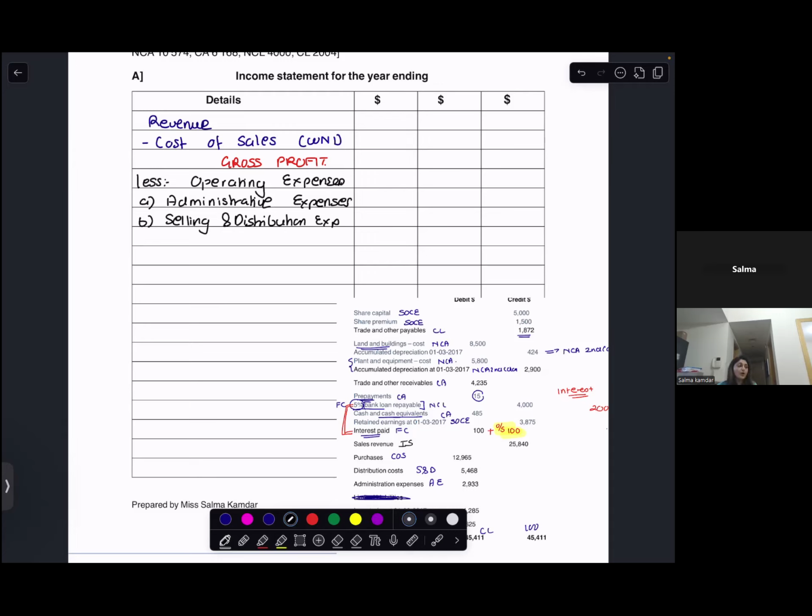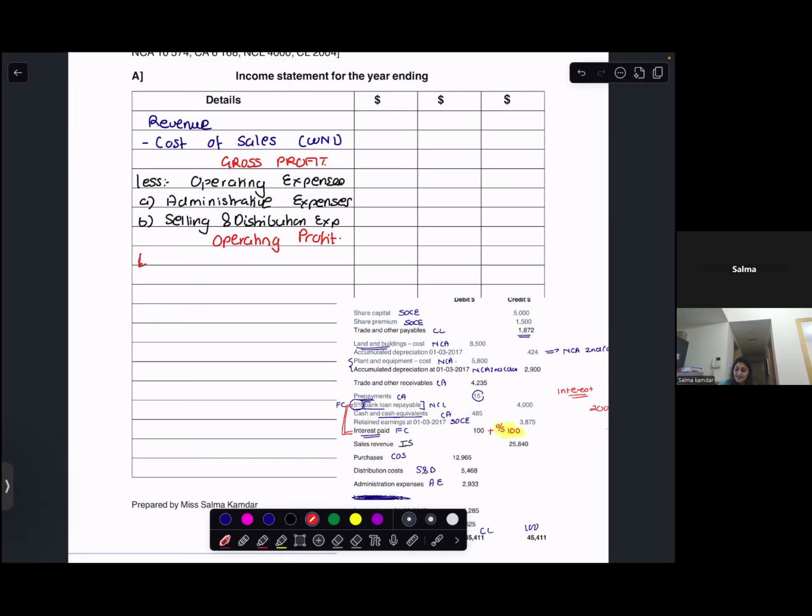If there is a lot of things, then you show it in the working note. If there is just one plus or one minus, you can show it in a bracket. After you minus these two expenses from your gross profit, you will get operating profit.